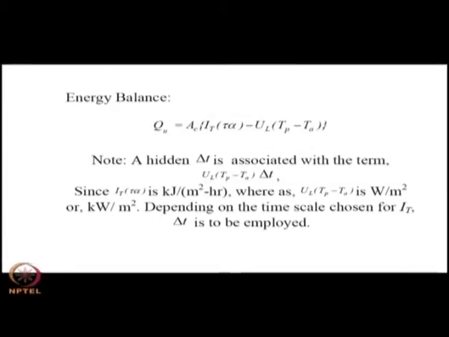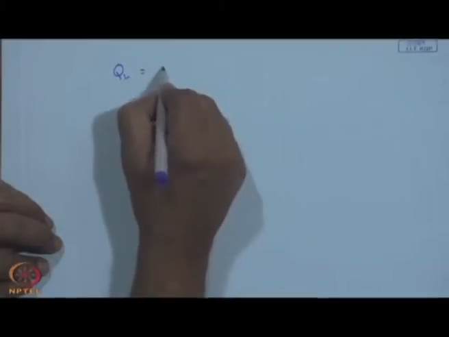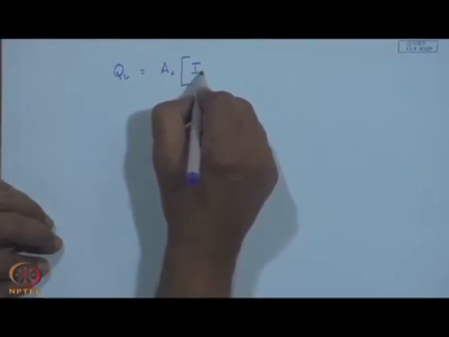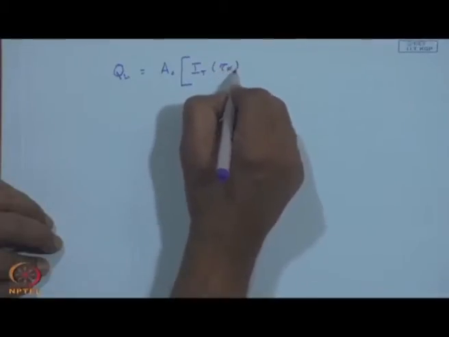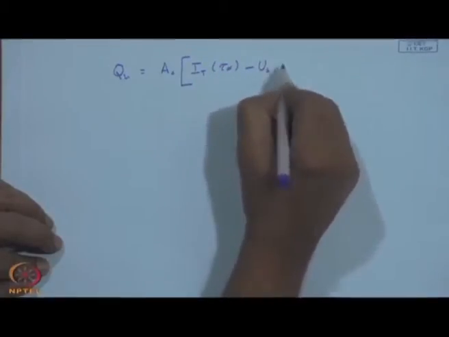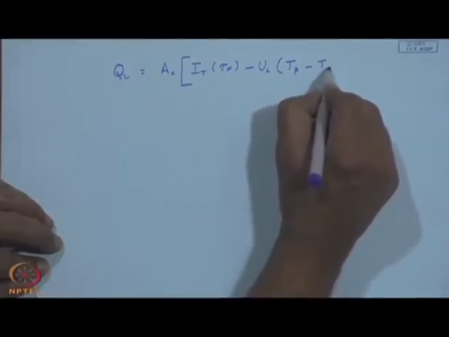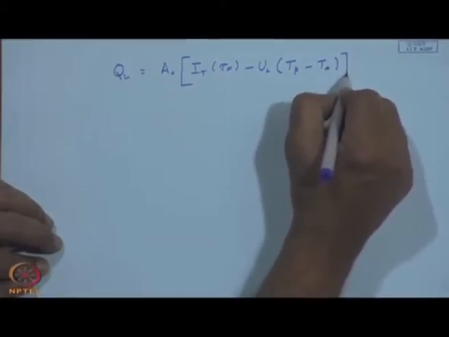We also have given the energy balance equation for the solar collector, which says that useful energy gain from a collector of area A c is given by the absorbed energy I t tau alpha minus the losses taking place from the plate temperature T p to the ambient T a.